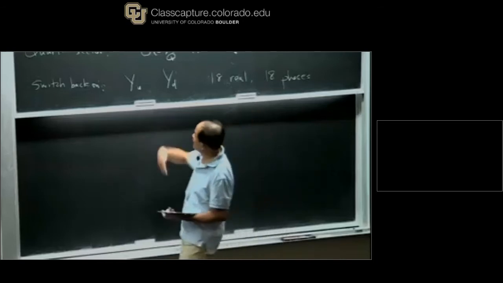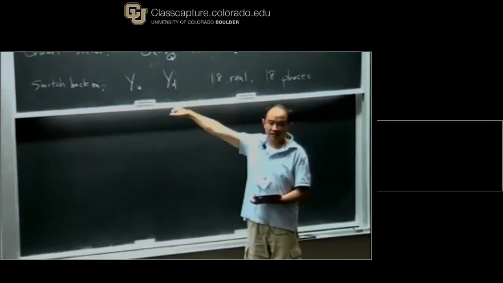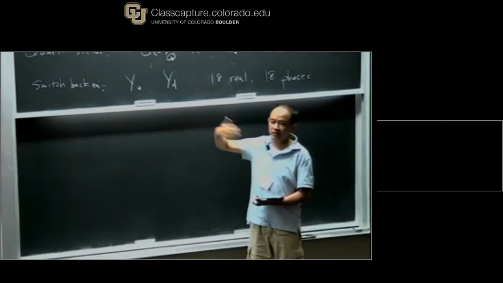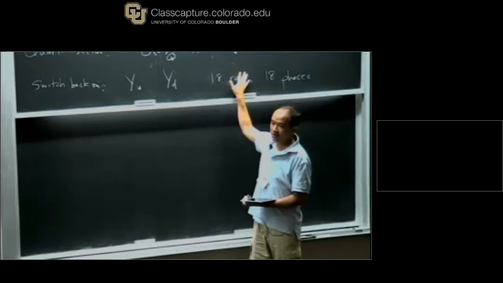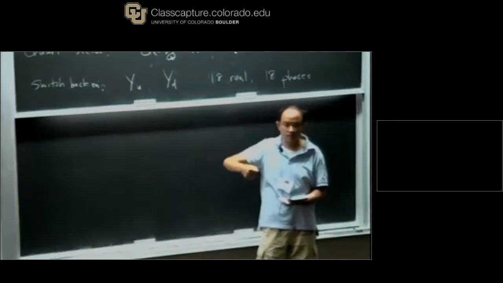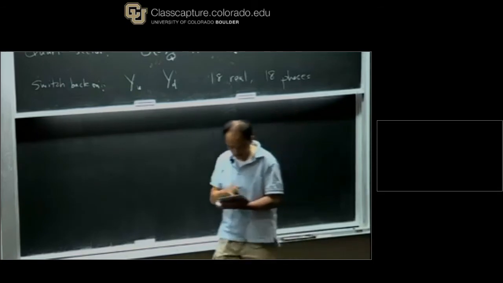I can do flavor rotations. I can do U3 flavor rotations to get rid of parameters, because the U3 rotation is a symmetry of the kinetic term. They only change Yukawa couplings. I can use these to rotate away phases. Is this okay? So let's count.